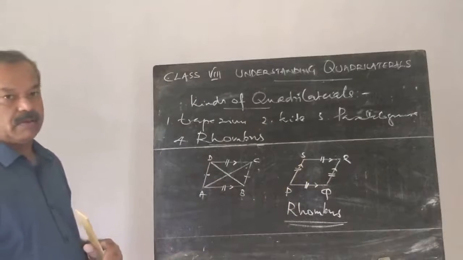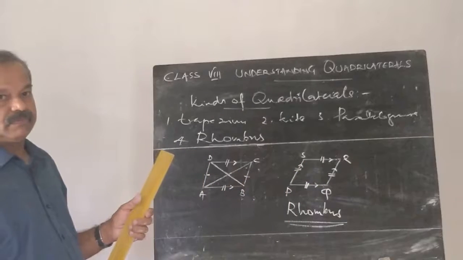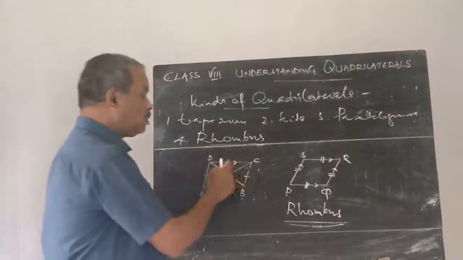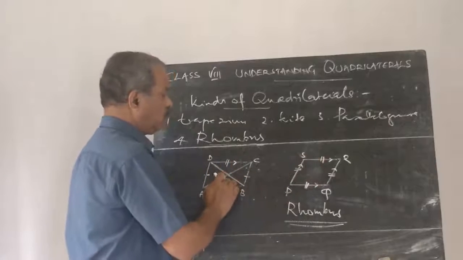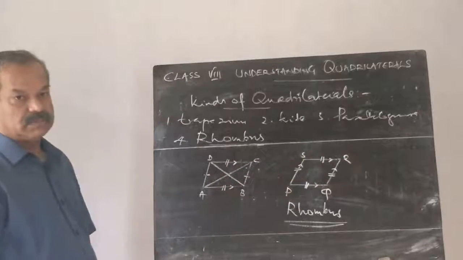Rhombus is also a parallelogram, but rhombus has one more additional property than a parallelogram. So, all the properties of a parallelogram are satisfied by a rhombus.